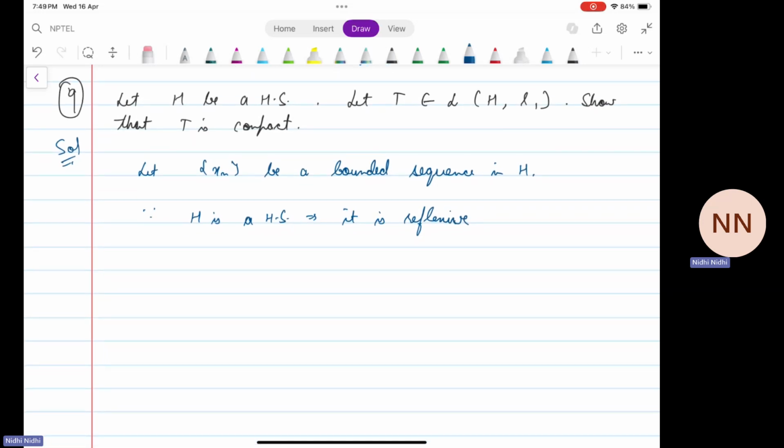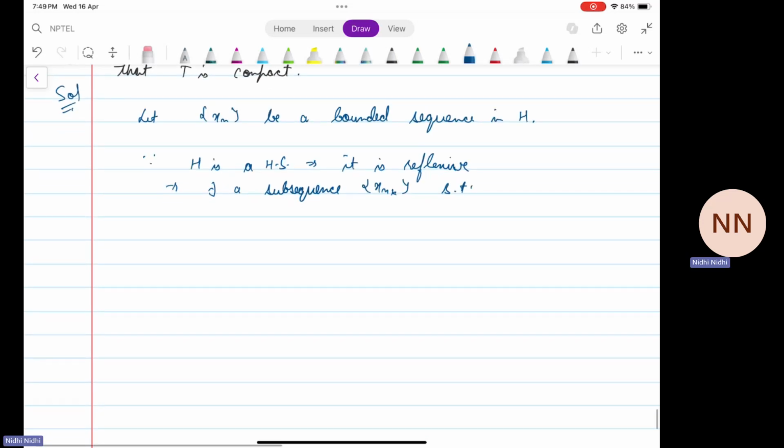Any bounded sequence must have a weakly convergent subsequence. This implies there exists a subsequence x_nk of x_n such that x_nk converges weakly to some x in H. So this is the sign of weak convergence.